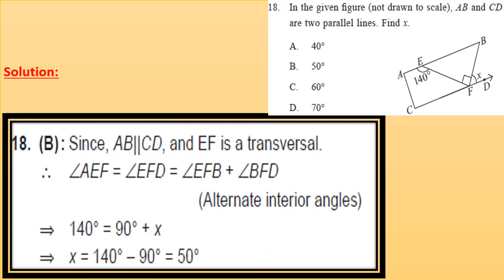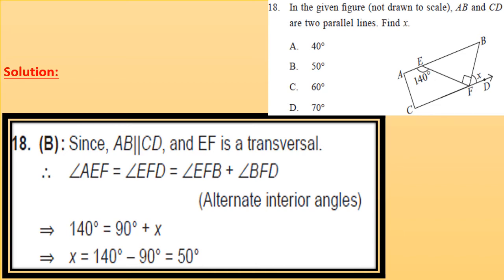See the solution of question 18th here. Since AB is parallel to CD, EF is a transversal line. So angle AEF is equal to angle EFD. These are alternate interior angles.